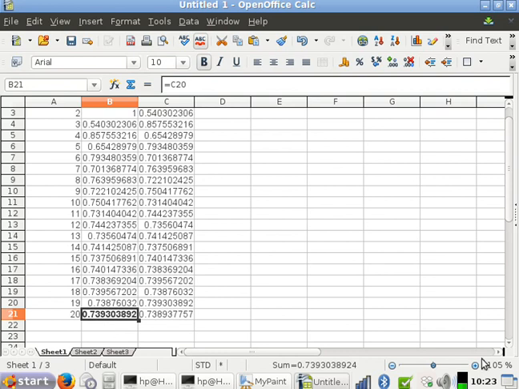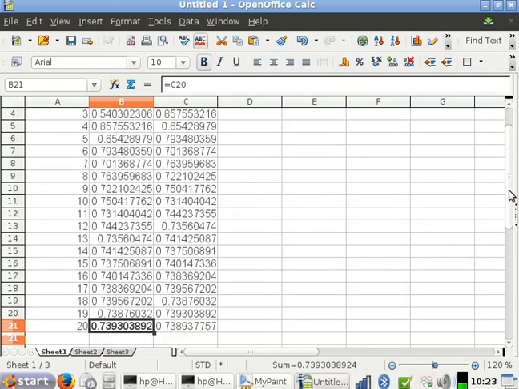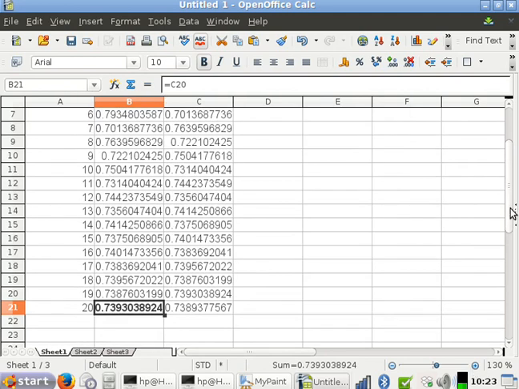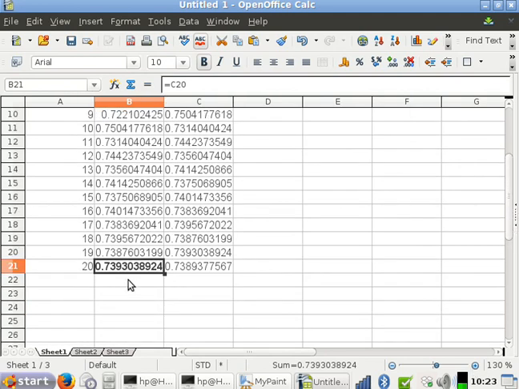So basically, nearly the same number as what you put in. So you found the fixed point for cos. Cos of this number is the same number.